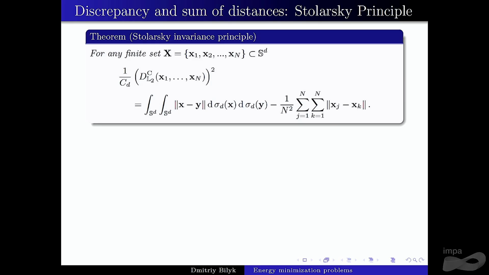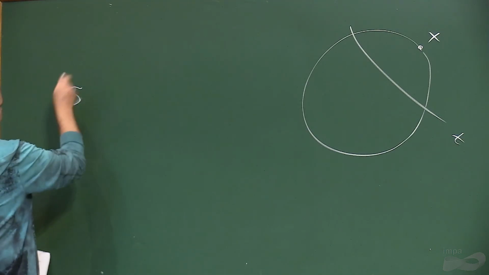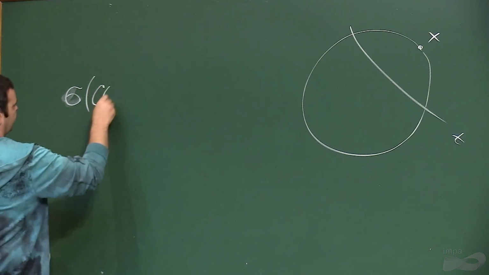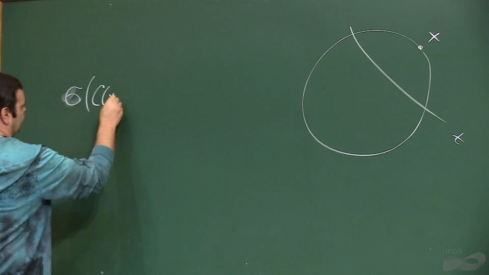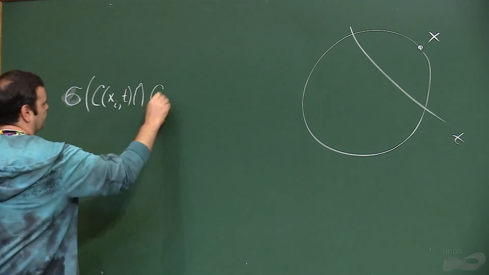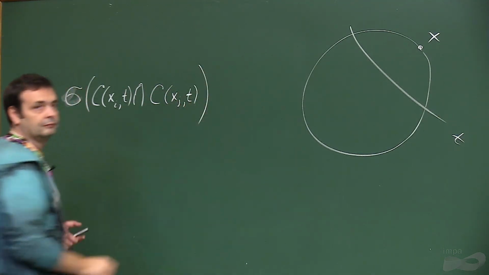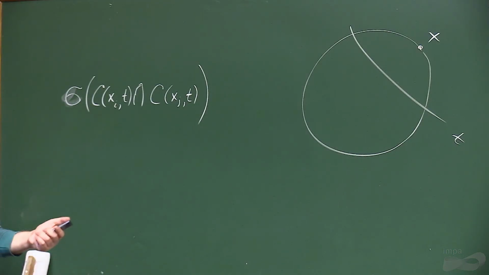So when you start integrating in x, essentially you would get the area, the size of the intersection of two spherical caps. Right, so you integrate the product of characteristic functions, you get the intersection.